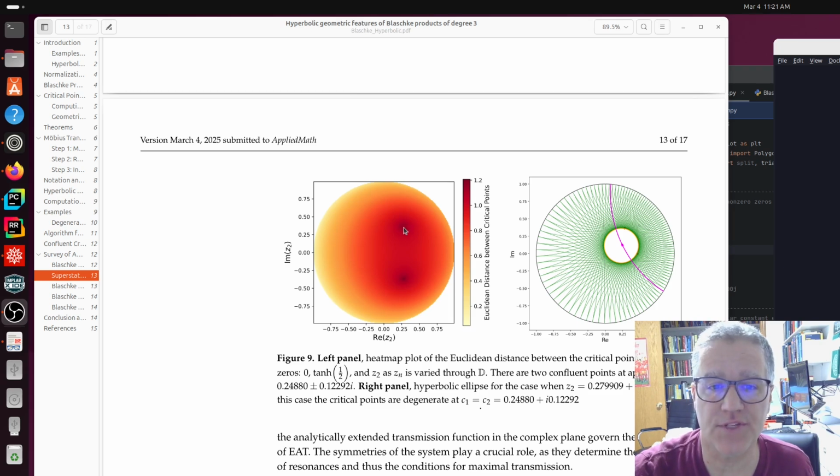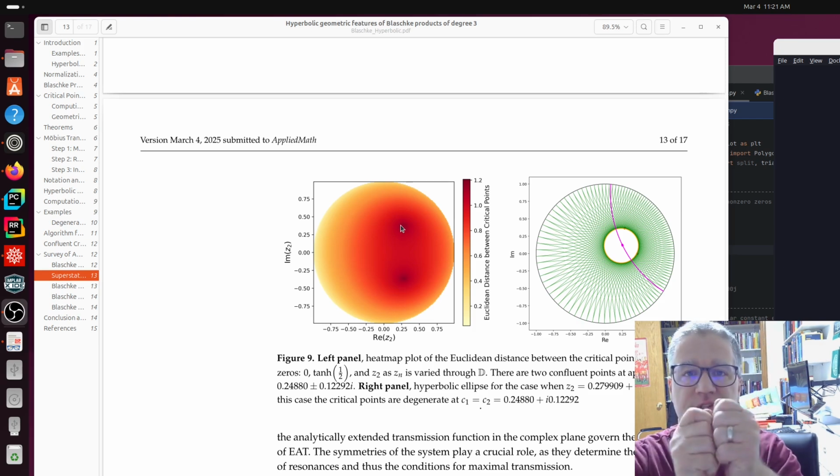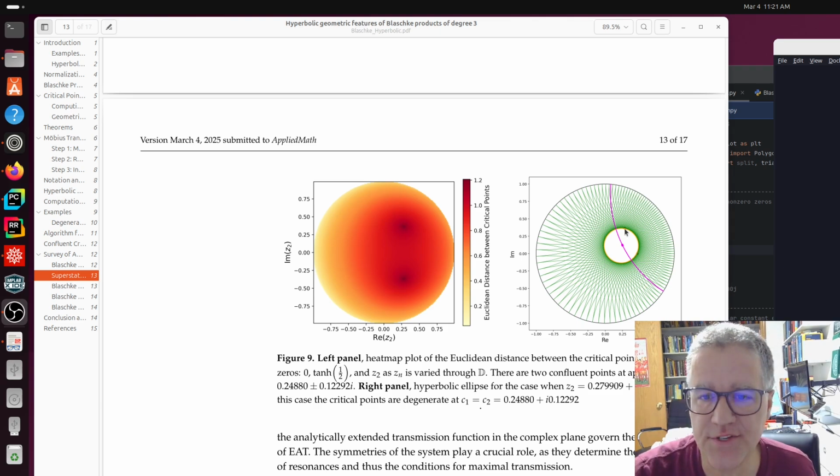So this shows that when the zero is either here or here, the Euclidean distance goes to 0, and we have a confluence of those critical points. Here's an example over here where one of our zeros is at 0.